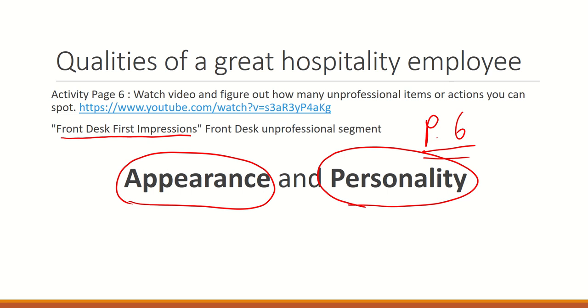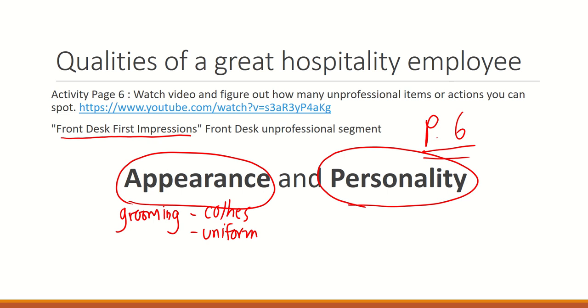The first one is appearance. Appearance is something you can see outside, right? So it can be something about grooming, which includes clothes or uniform.